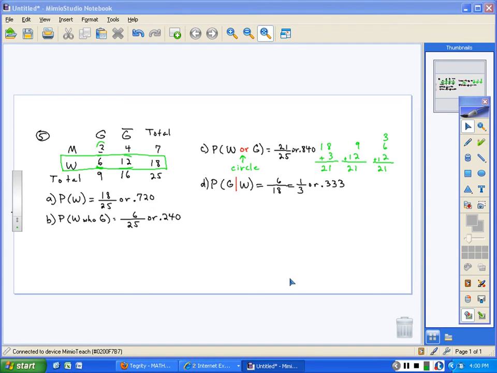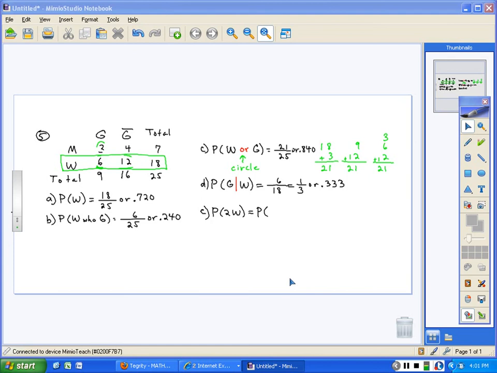Okay, and the last part, E. Part E says, if 2 members are needed for a committee, find the probability of getting 2 women. So we want the probability of women. We're going to rewrite the question. In the OR questions, you know they're Or questions because the question has the word or in them.